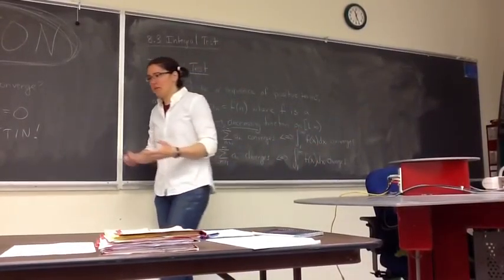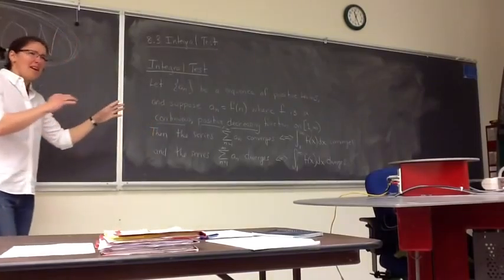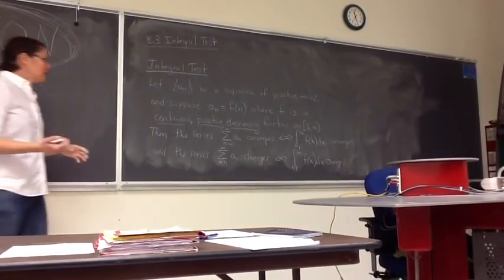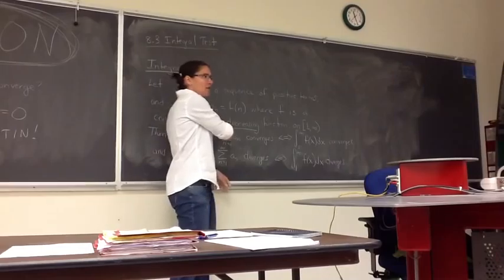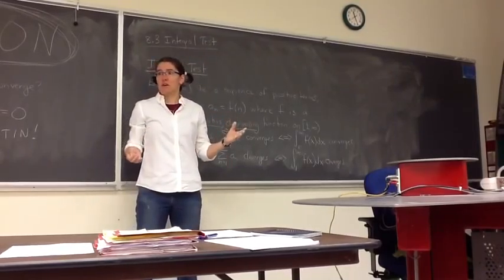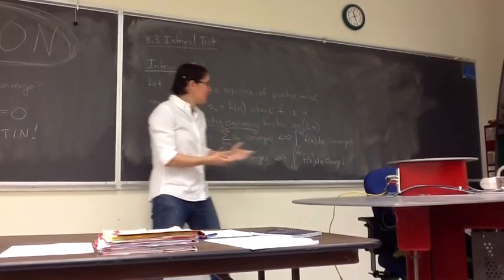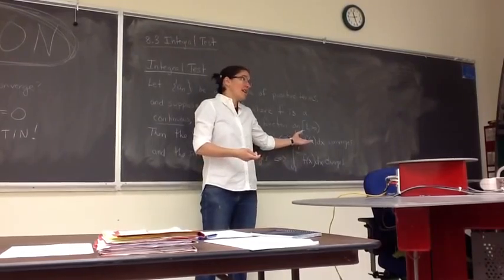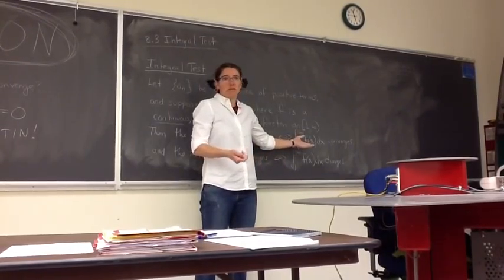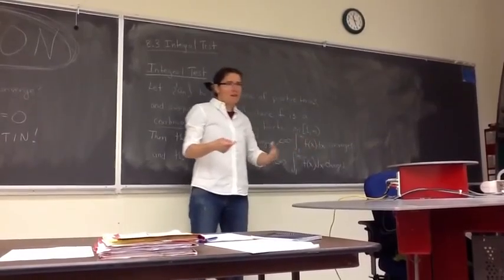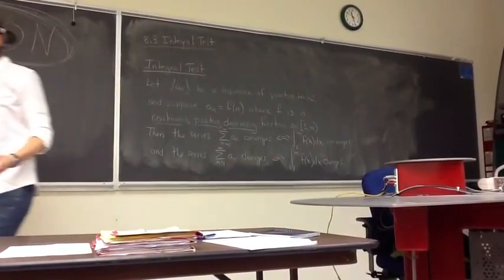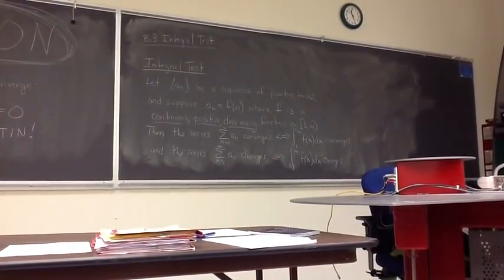Now, roughly speaking, this kind of makes sense, because when we're talking about a series, we're adding up a bunch of terms. And when we talk about an integral, we're adding up a bunch of rectangles. Essentially, we're adding up a bunch of terms. And so it seems like there should be a connection between these two. Okay, so let's look at an example.